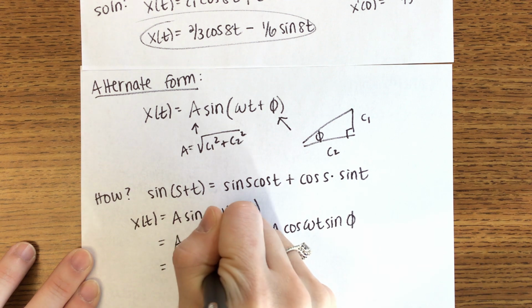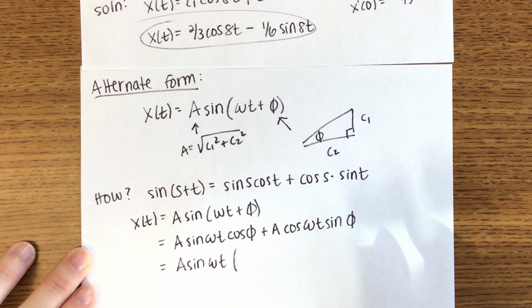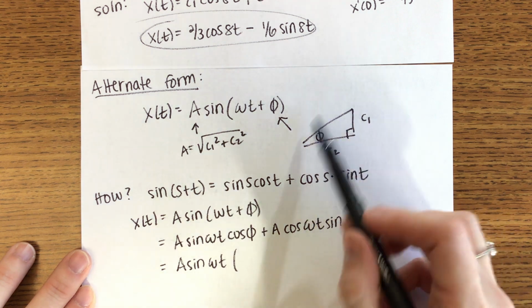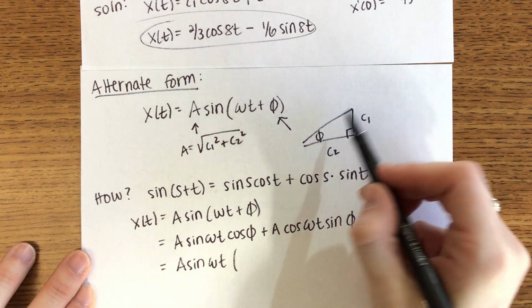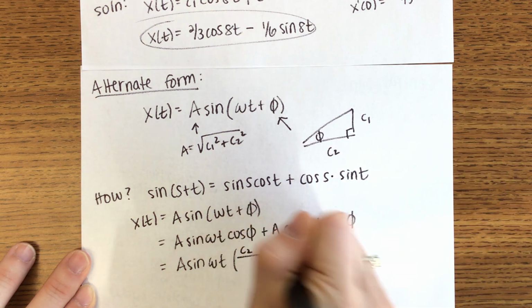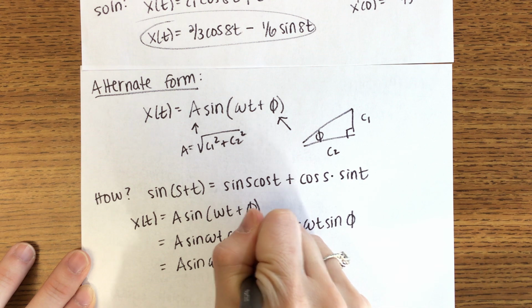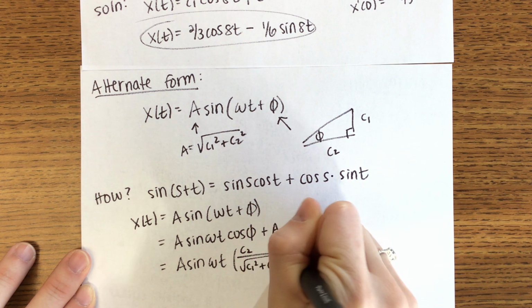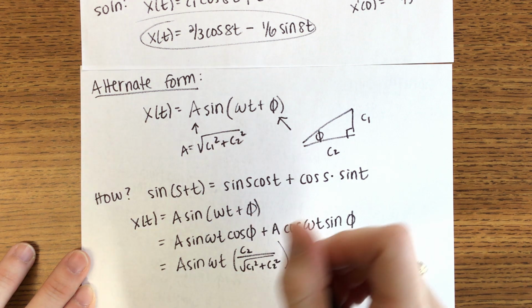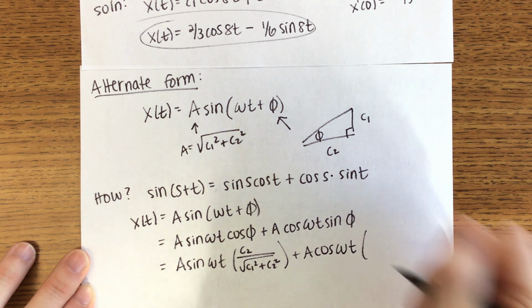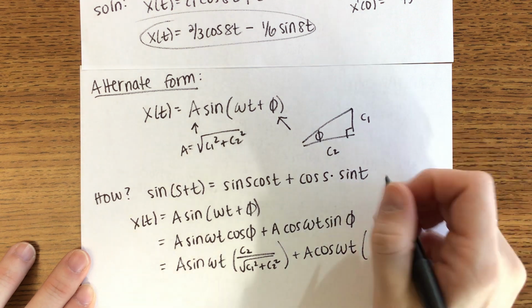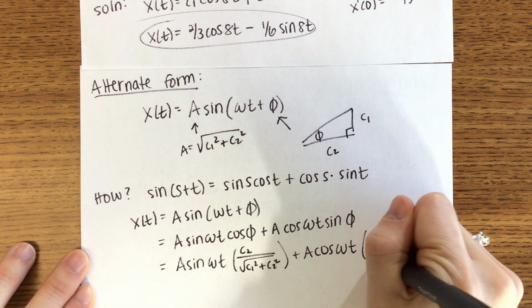So this is A sine of omega t. Cosine of phi we can find up here. It'll be c2 divided by the hypotenuse, which would be the square root of c1 squared plus c2 squared, plus A cosine of omega t. Sine of phi, we can find that as well.